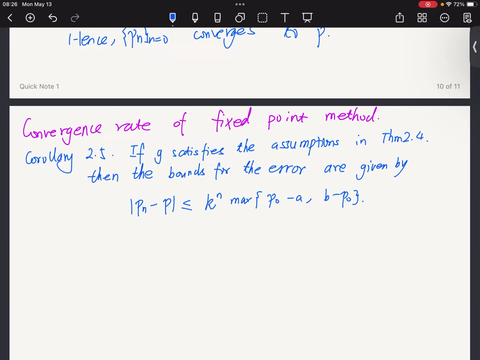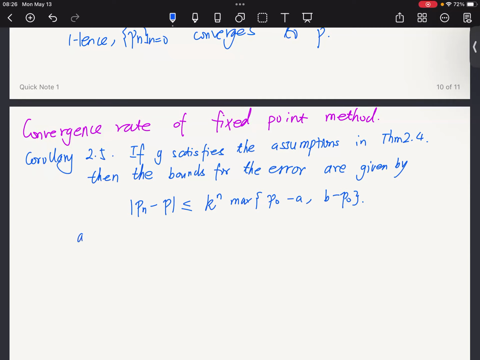And the next is Pn minus P, which is some expression about the convergence here, and then it's k^n over 1 minus k, times P1 minus P0, for all n bigger than or equal to 1.